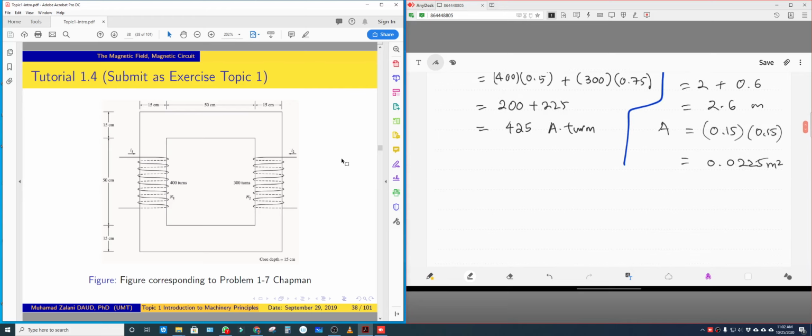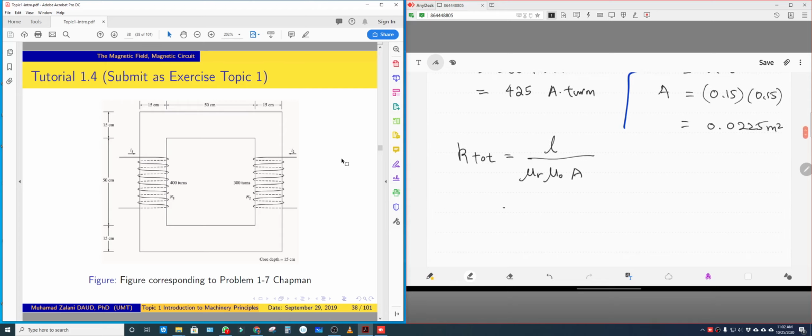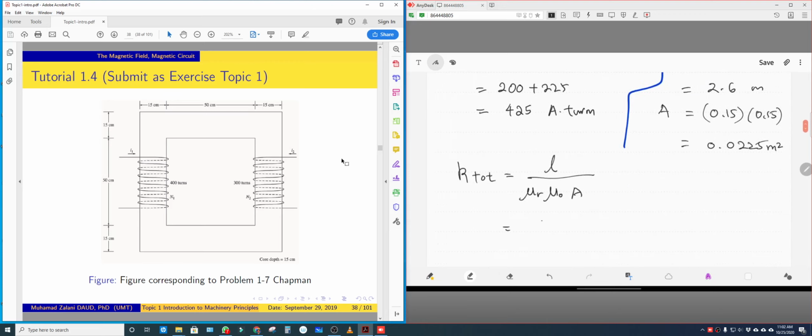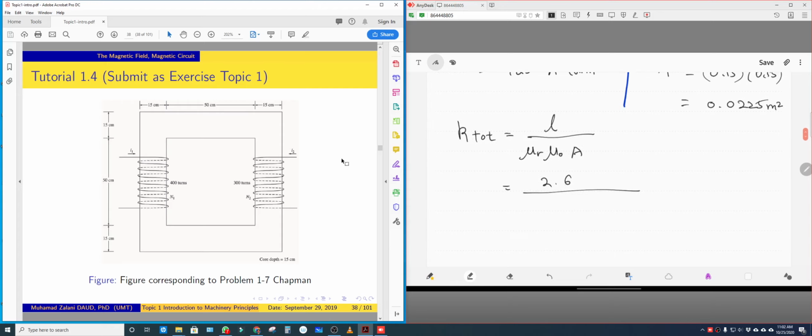So what we do now is compute the total reluctance. R total is L over mu r mu naught A. L and A we already have: L is 2.6 and A is 0.0225.